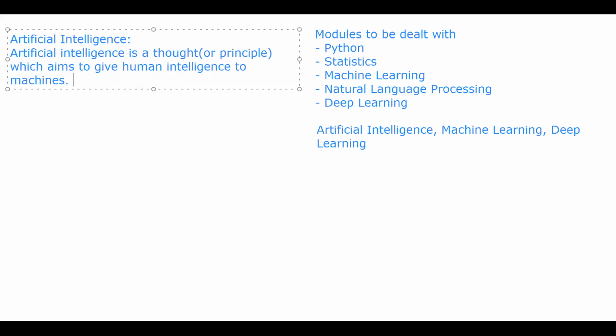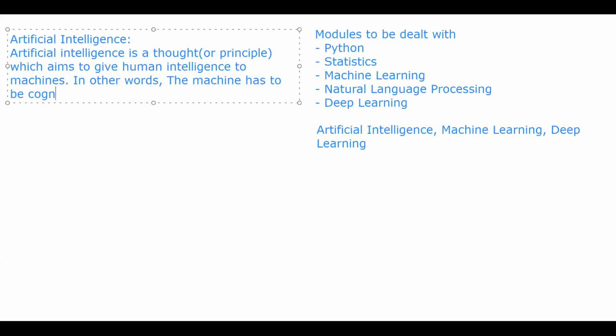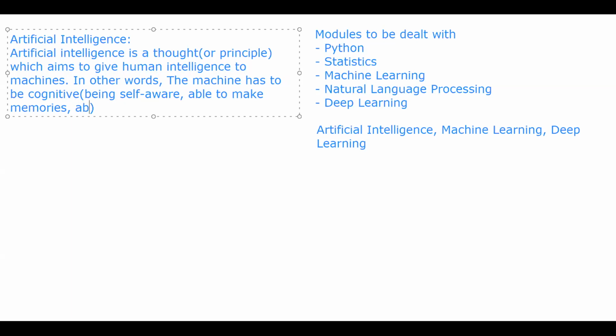Now, how do you categorize human intelligence? We say that we are cognitive, right? So in other words, the machine has to be cognitive. And what do we mean by cognitive? Being self-aware, able to make memories, and the ability to remember those memories.